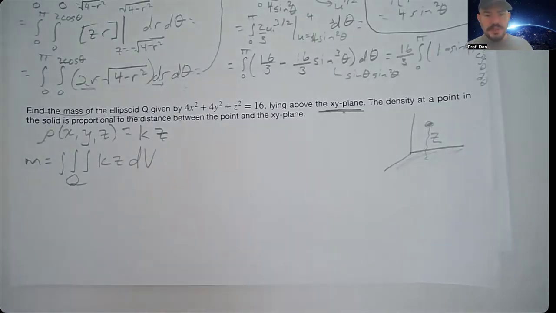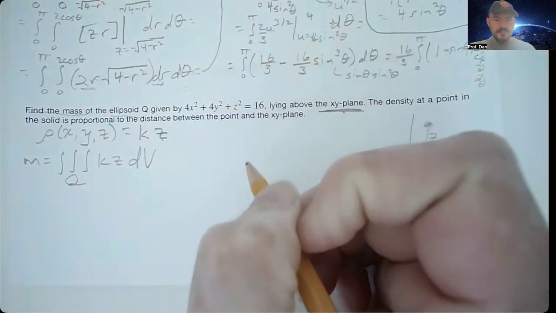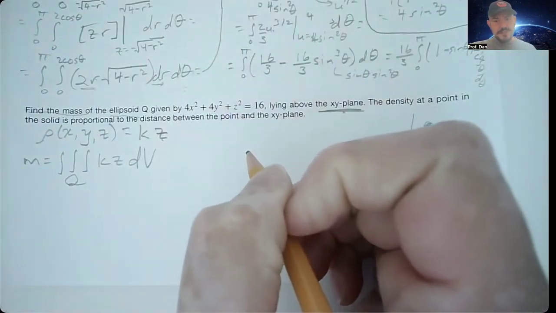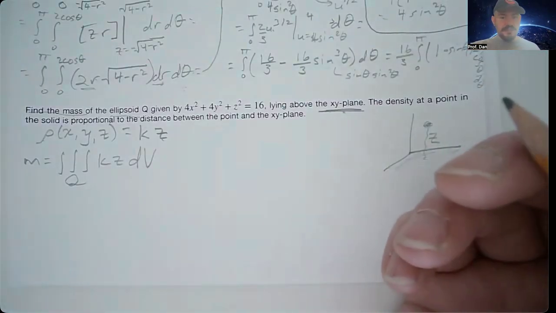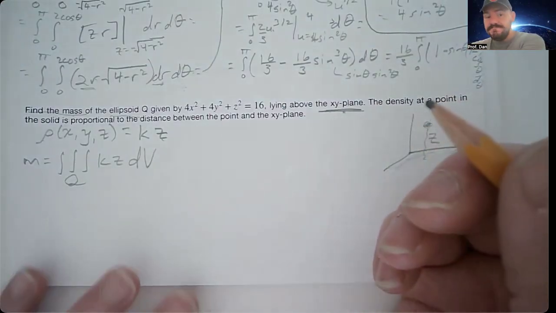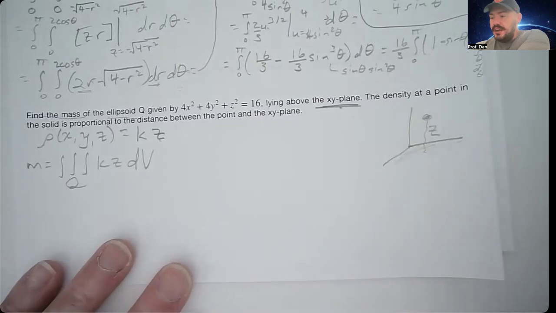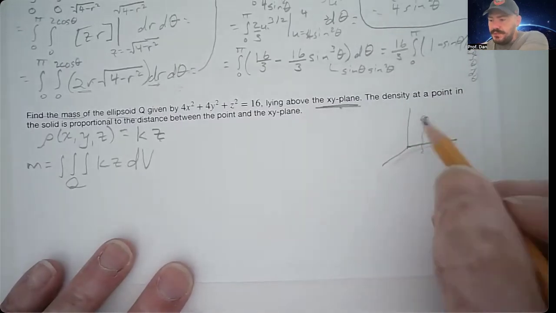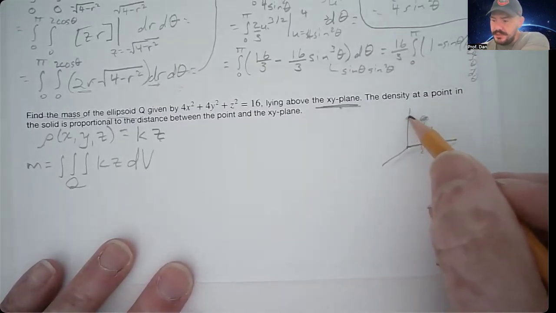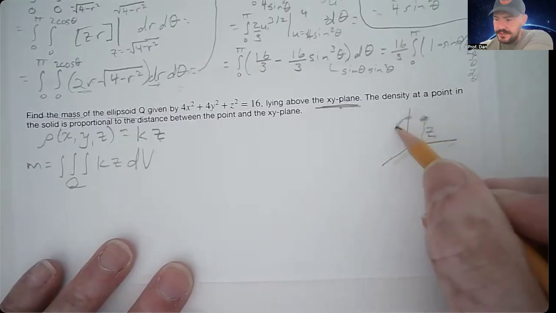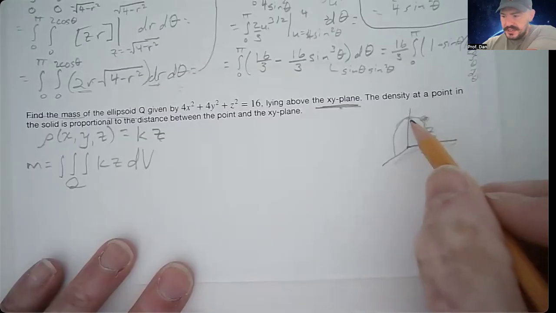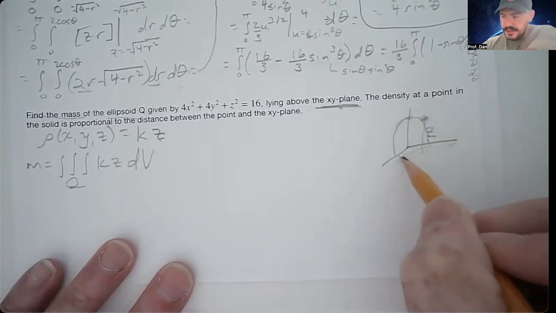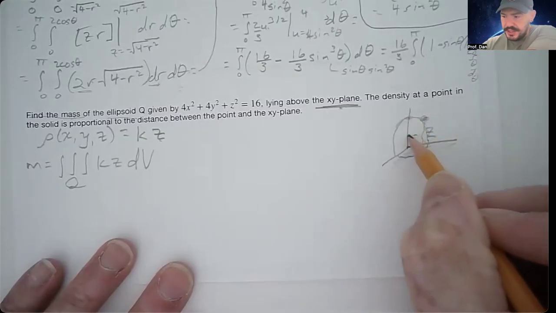All right, so keeping in mind that this is the same ellipsoid that we looked at in a different section. Yep, this was the one where we found the volume of plankton. We remember that essentially this is going to be tall on the z-axis and basically circular on the xy plane.